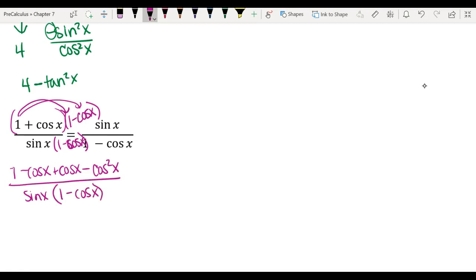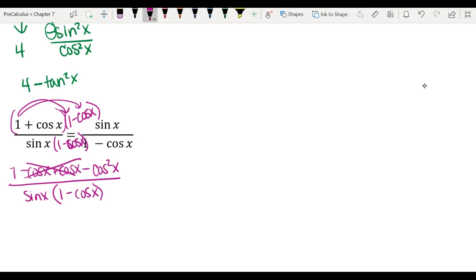Now, I knew not to distribute the bottom because you guys see how now I have what I wanted on the bottom over here on the bottom. So when I saw that, I was like, ooh, I don't want to distribute the sine because I have what I want. Okay, I need to just get rid of this sine somehow. Does that make sense? Okay, so in the middle up here, those two cancel, right? And you're left with 1 minus cosine squared of x.